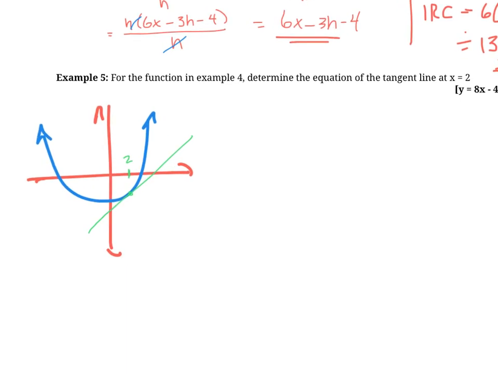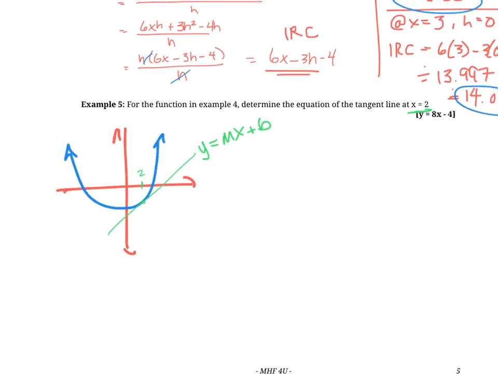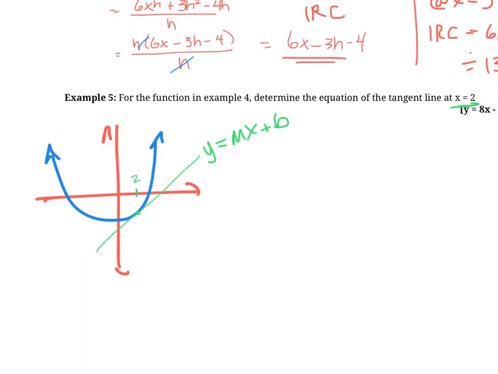What's the equation of a line? y equals mx plus b, right? So that would be the equation of that line. What do we know about that line, though? What have we found so far? Think about what we found in the previous question. We found something at x equals 2. Remember, we found the instantaneous rate of change at x equals 2, and we found that that was equal to 8, right?